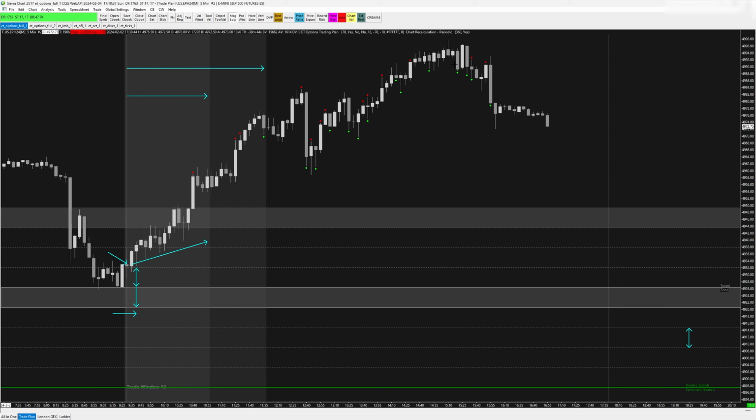So exit is sort of discretionary, but it also has some strict rules. But these rules are time-based. So 11 a.m., when this lighter color ends, it can be like 5 or 10 minutes before 11 a.m. that I will start considering exiting or moving my stop loss to break even.